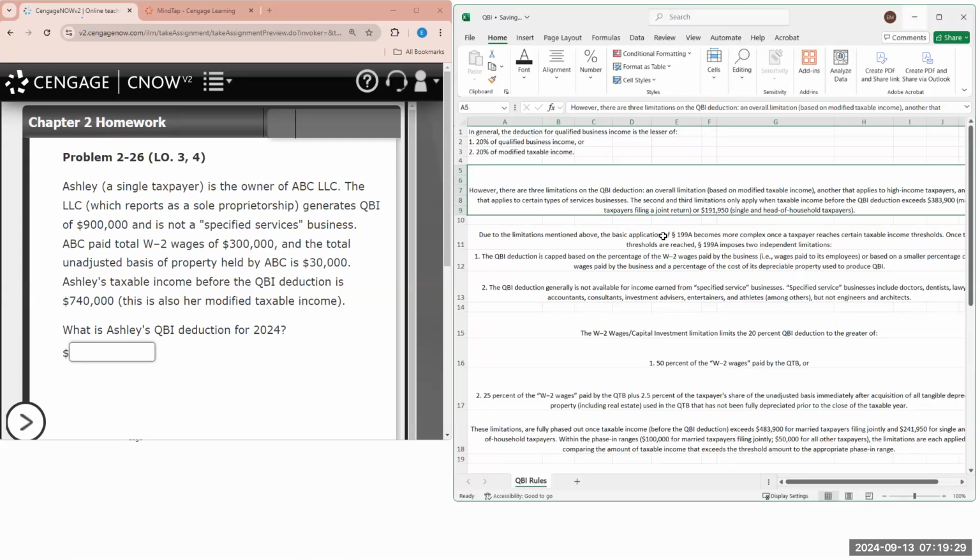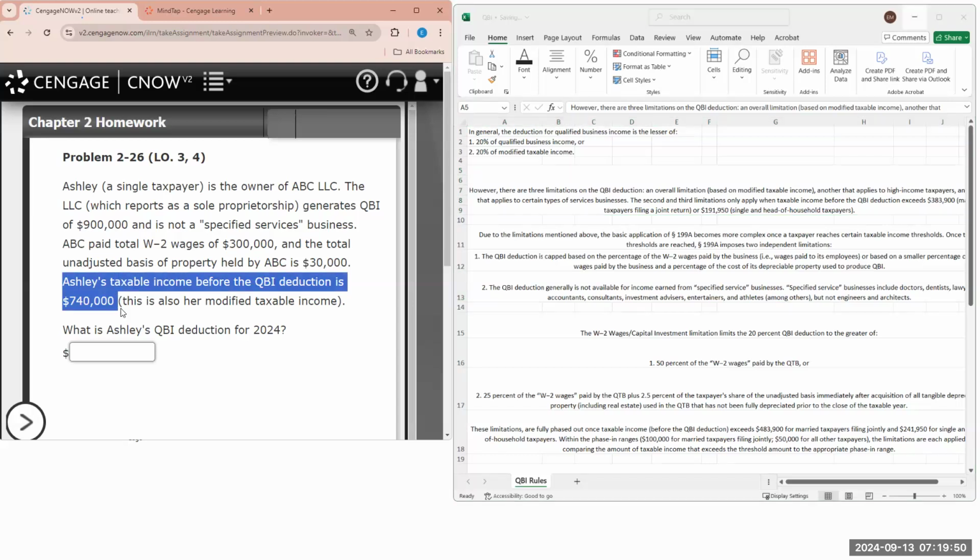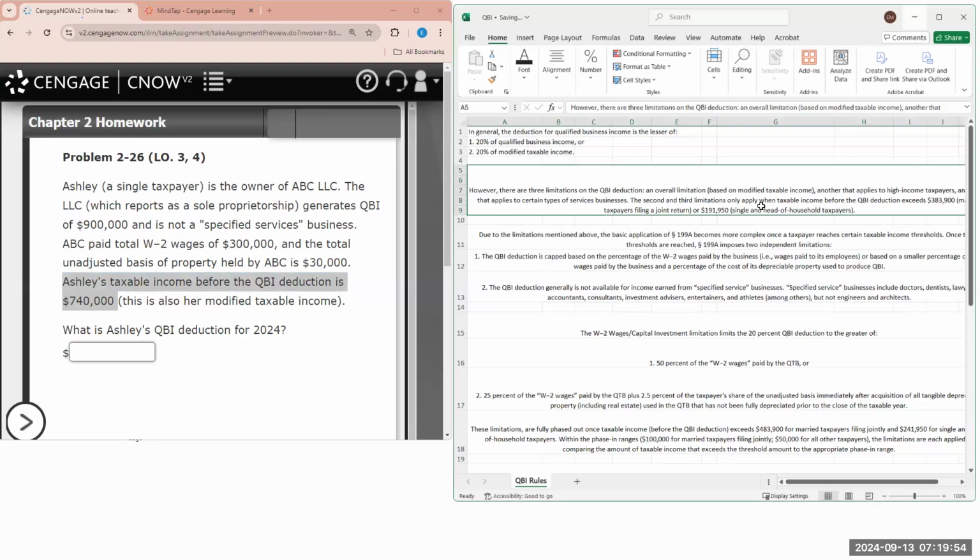And the second and third limitation applies when the taxable income before QBI deduction exceeds $383,900 for married filing joint, or $191,950 for single and head of household. Here we see Ashley's taxable income before the QBI deduction is $740,000. So based on this, we need to factor in the second and third limitation.